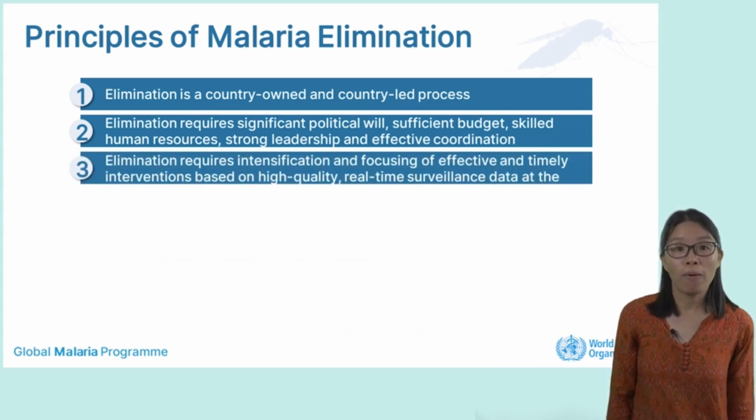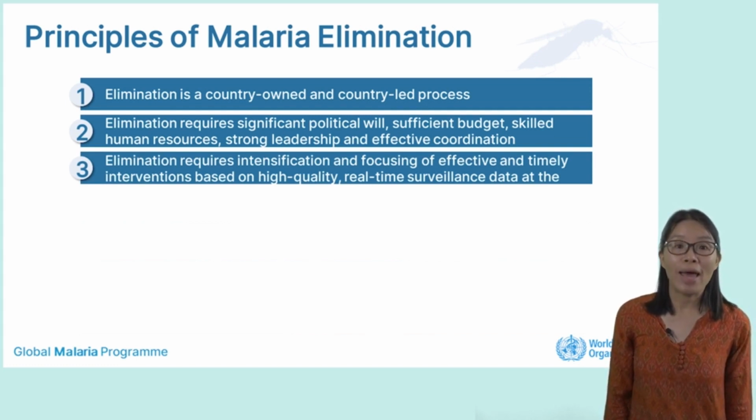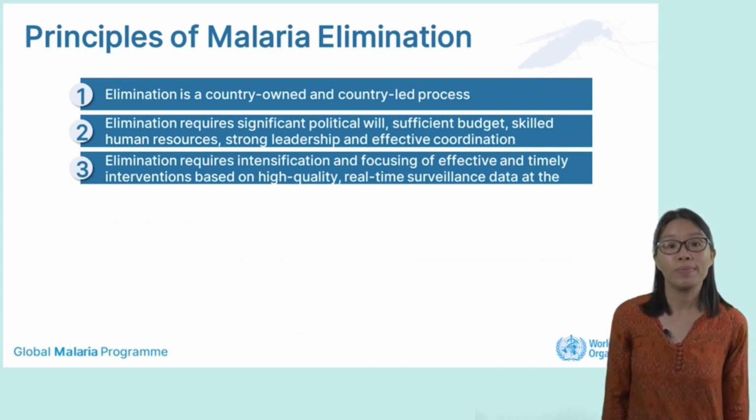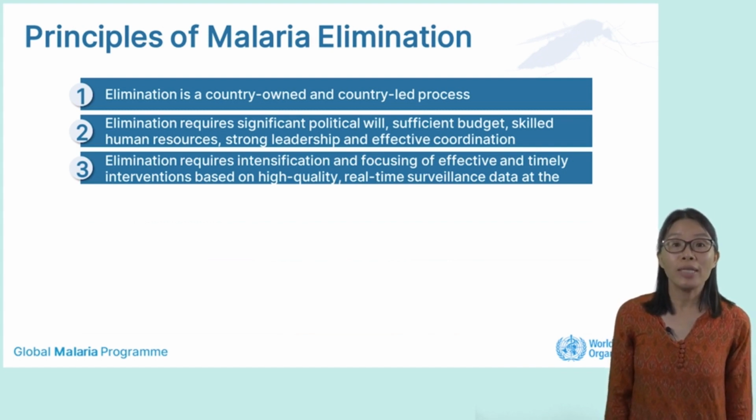Elimination is not possible without strong surveillance systems that enable efforts to be directed at areas with ongoing transmission or areas with high malariogenic potential. Additionally, during elimination efforts, surveillance itself becomes an intervention to identify malaria cases early so that appropriate treatment can reduce the risk of onward transmission.